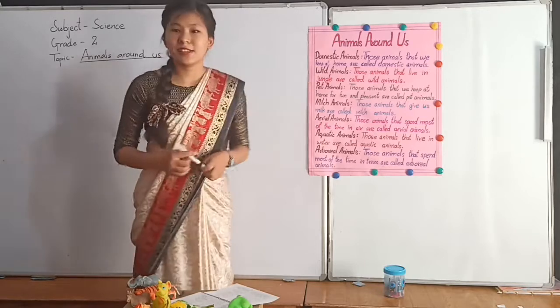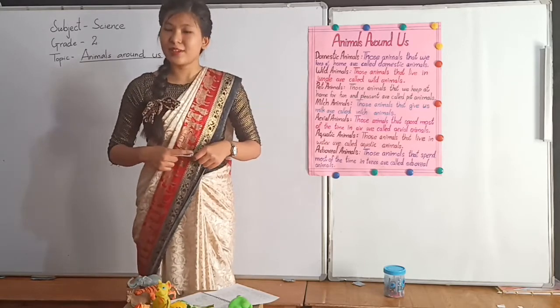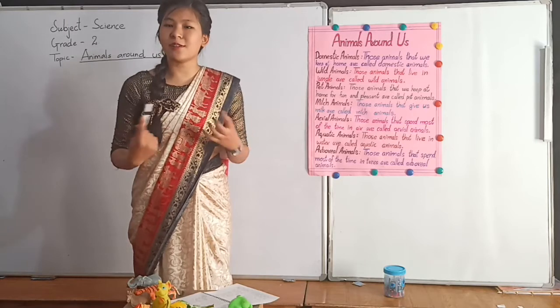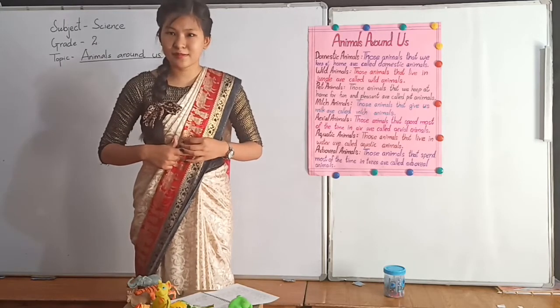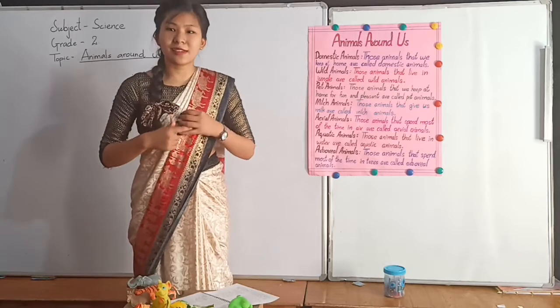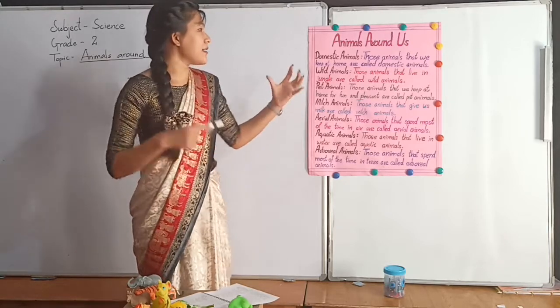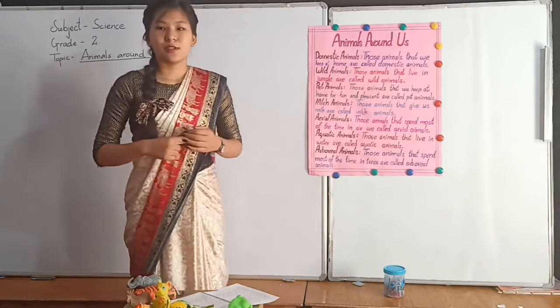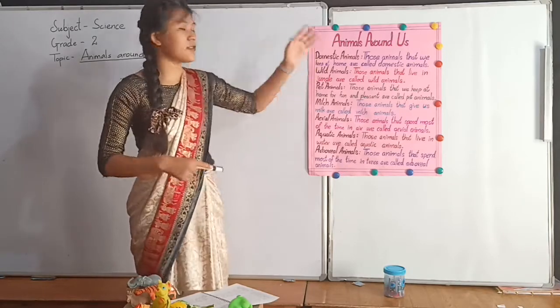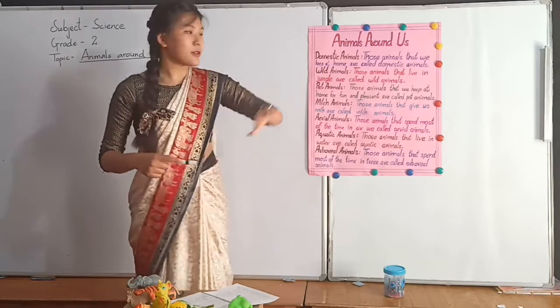First, there is domestic animals. We all know what is a domestic animal? Yes, domestic animals are the animals which we keep at home. So here is the definition of a domestic animal. Look into the chart.